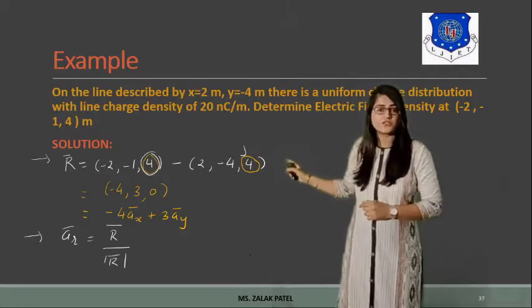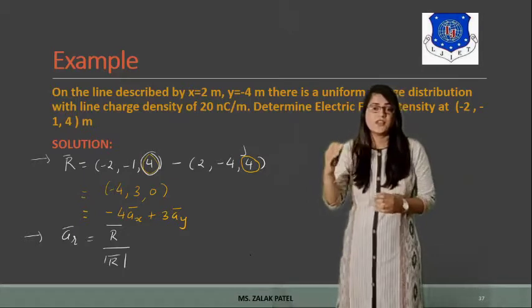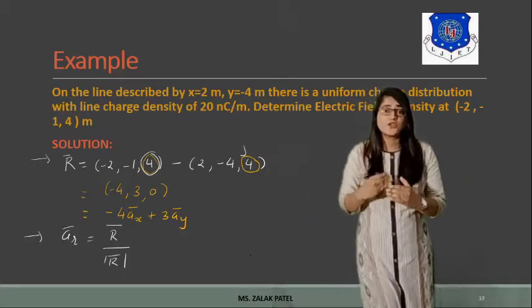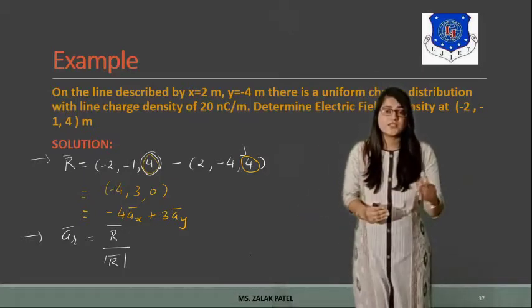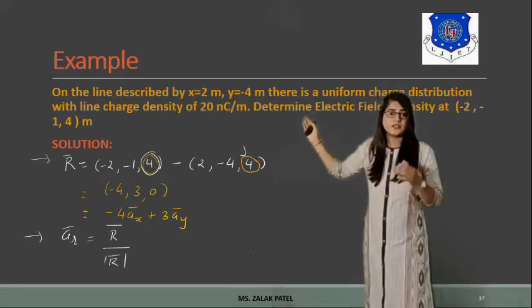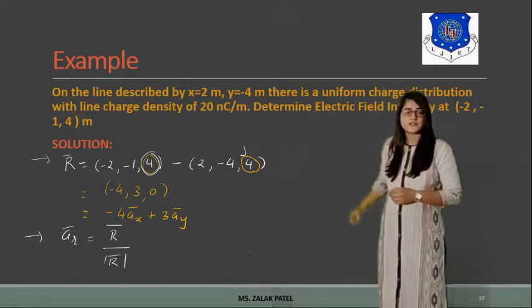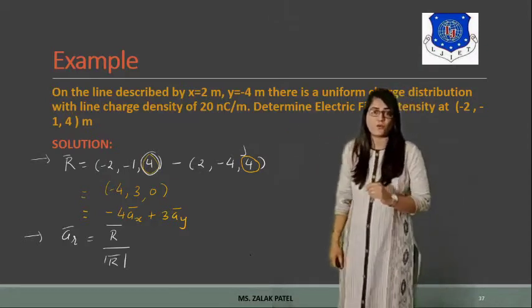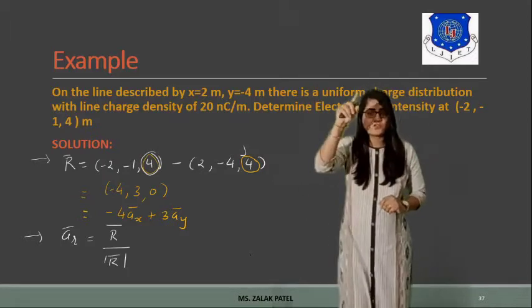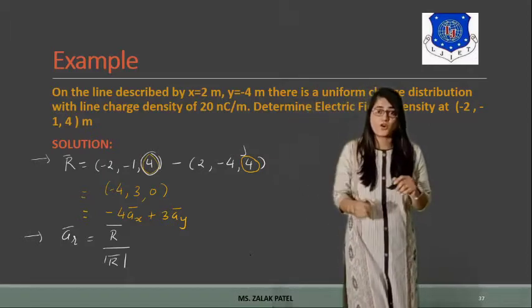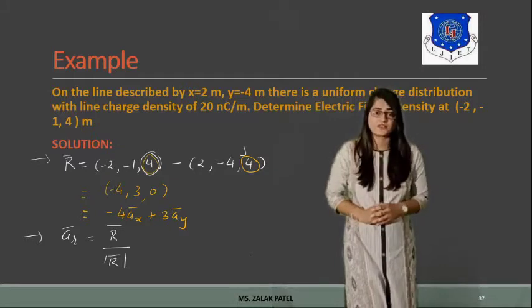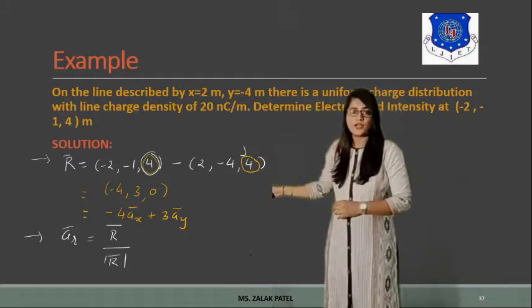That's why here it is (-2, 1, 4) minus the point where the charge is actually located. Here the charge is located on the line distribution, that is x equal to 2 and y equal to -4. So the coordinates of x and y are fixed, and we have to put them as it is.